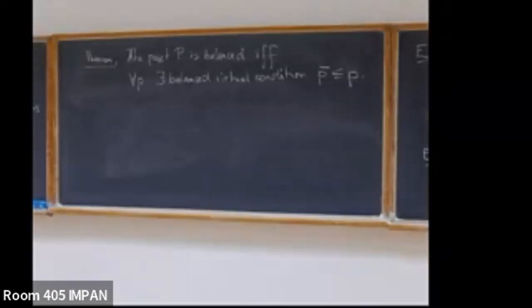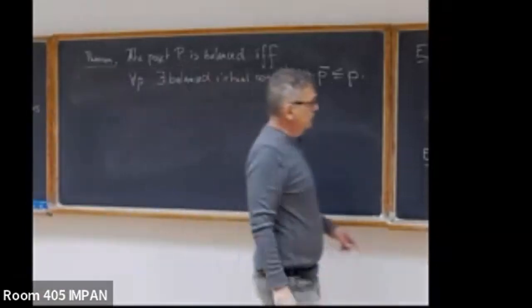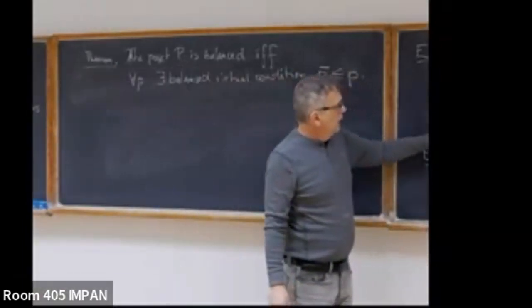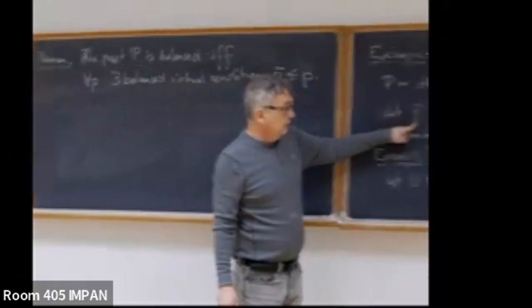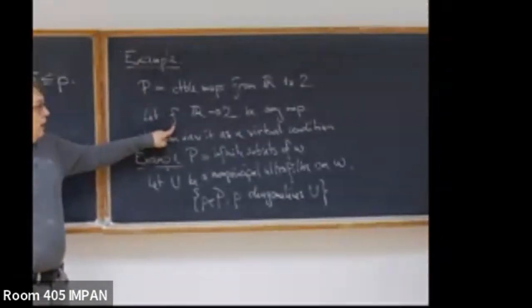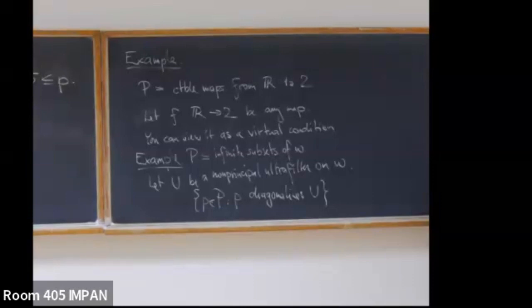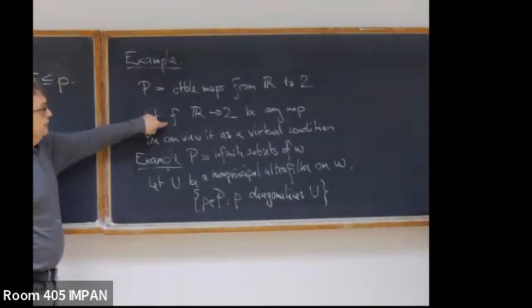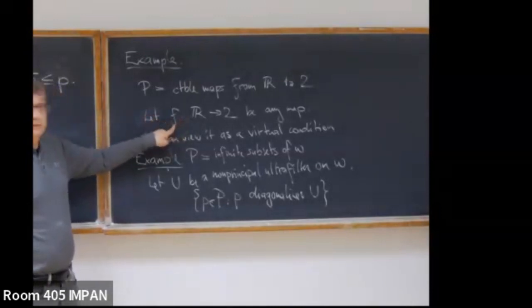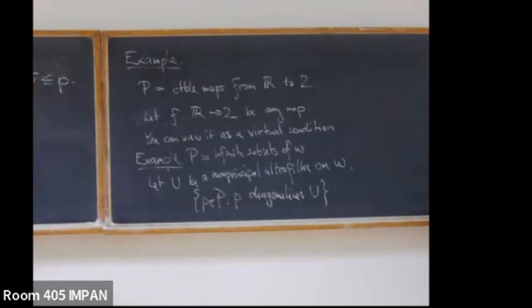Okay. And so just recall the examples that I had on the board this time, like this one. This is a typical virtual condition, but if you want to balance it, you have to make the map total. It is not balanced if the map is still partial, because you still have the uncertainty which way it's going to go on some ground points.